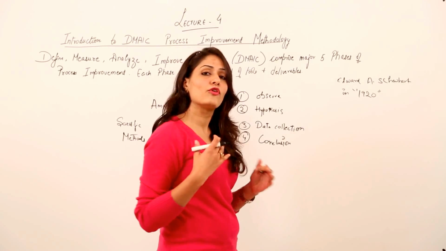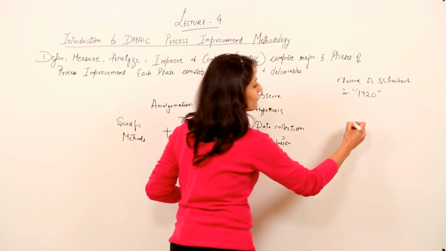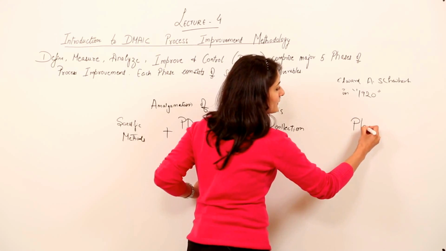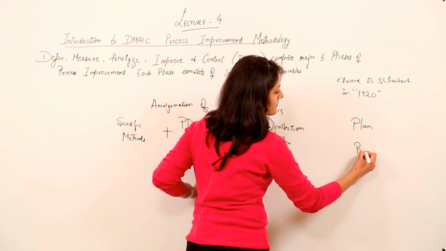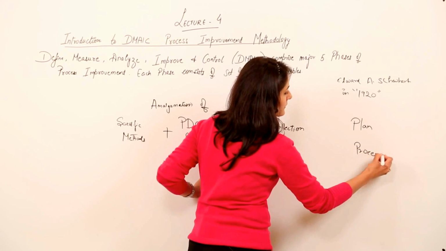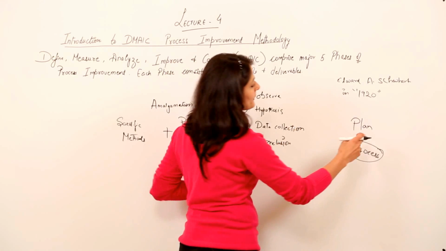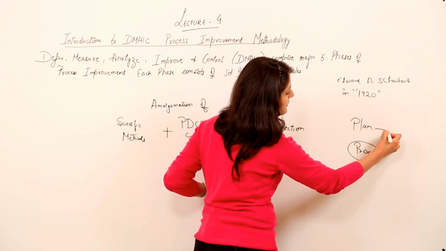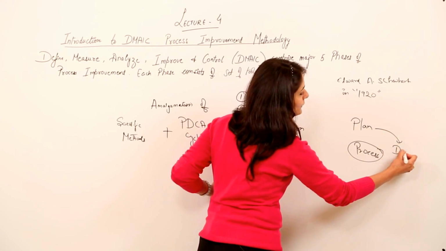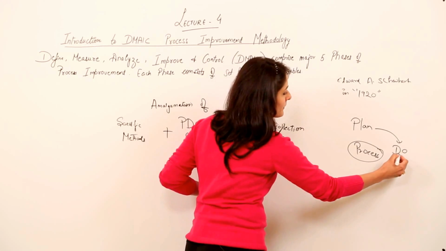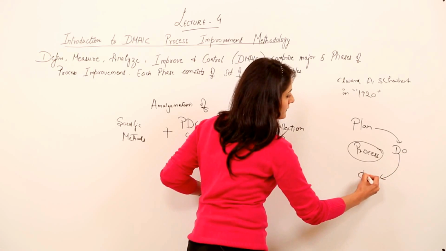So what are these 4 stages? These are plan. Suppose this is our process. We have to improve this using the PDCA cycle. How will we go about it? We will be planning first. Then comes do, which is implementation of the plan. Then comes check.